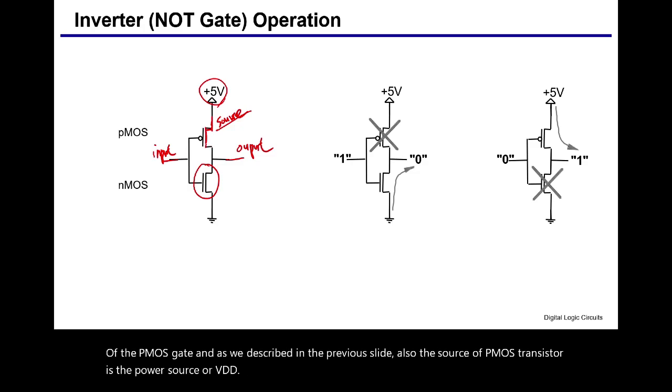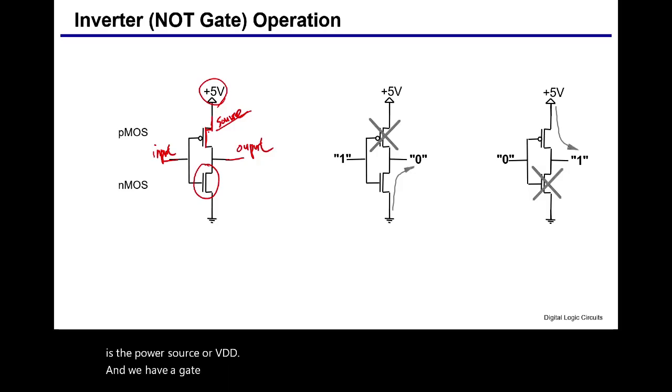and we have a gate that controls this transistor, and we have the drain of this transistor. And below we have an NMOS device, and the source of the NMOS device is here, and drain is this side.